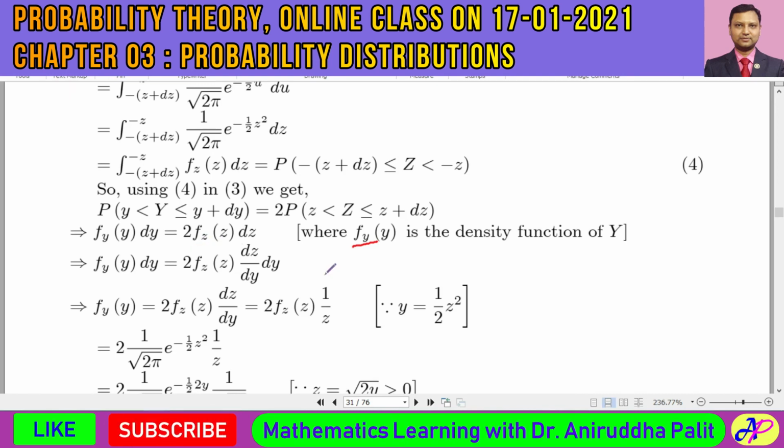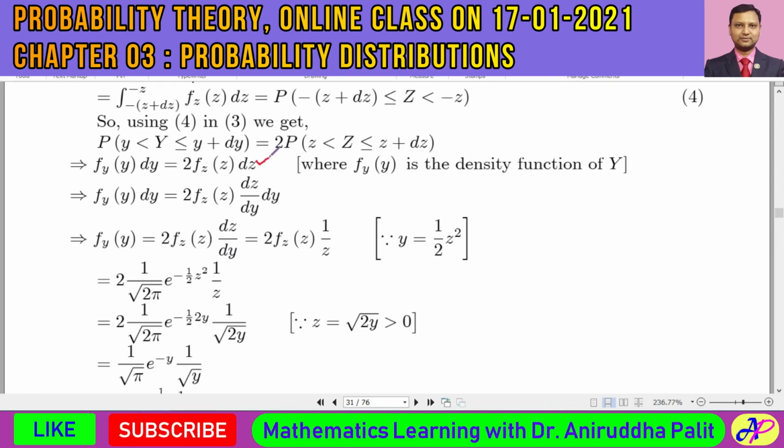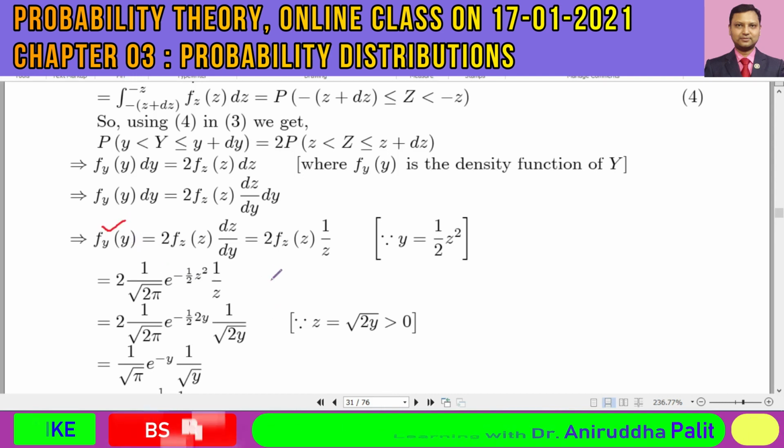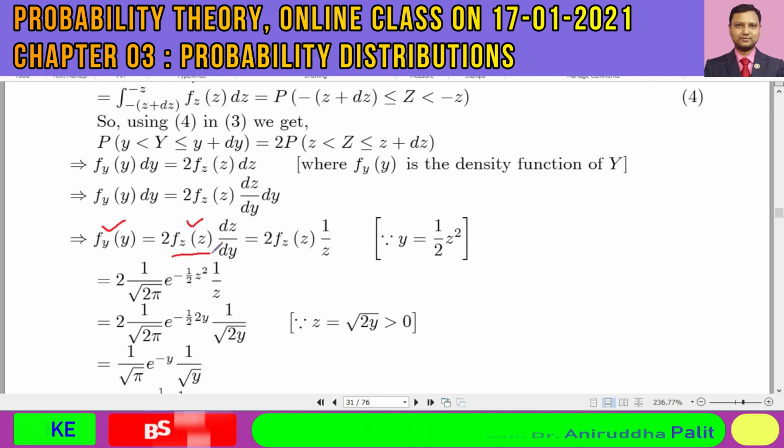Then we can write dz as equal to dz/dy multiplied by dy. Do not cancel, you can neglect this dy. The corresponding coefficients must be the same. The coefficient of dy must be the same on the left hand side and the right hand side. Therefore, compare the coefficients of dy. On the left we would have fy of y, and on the right we would have 2 into fz of z multiplied by dz/dy.